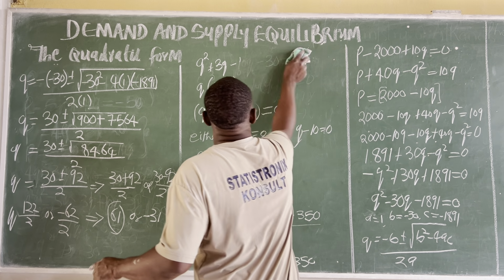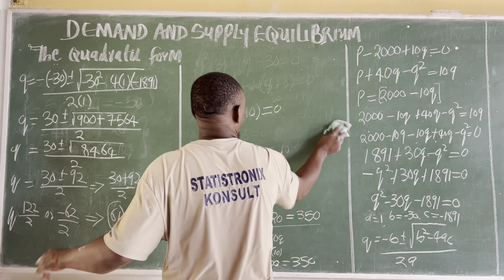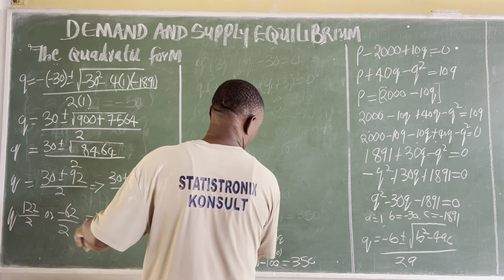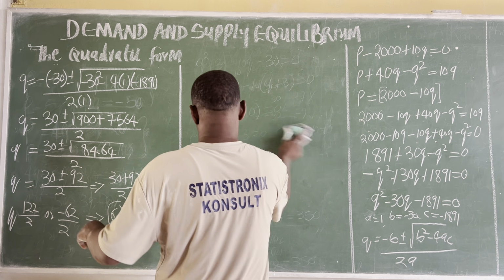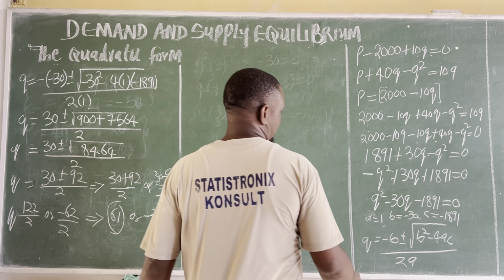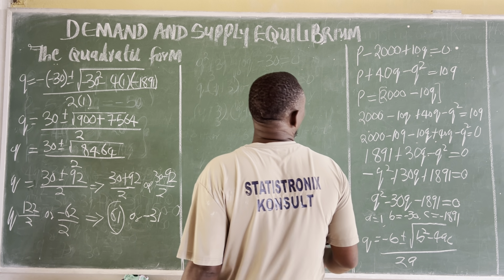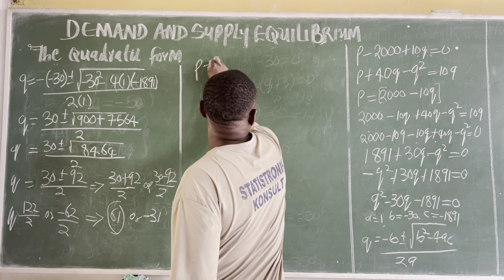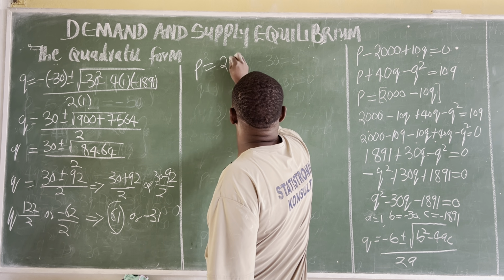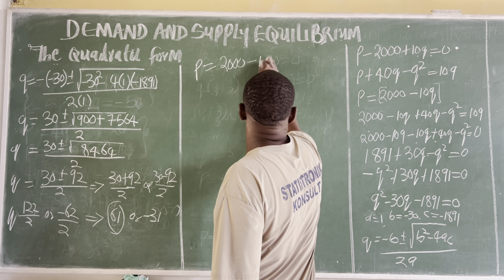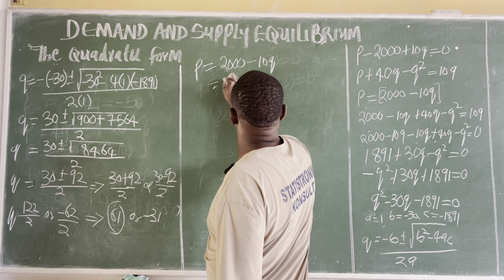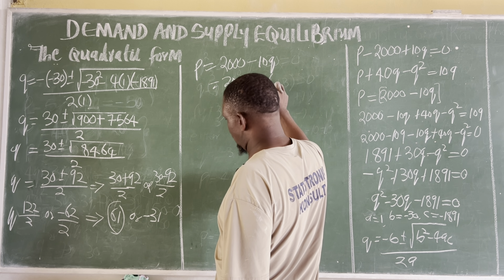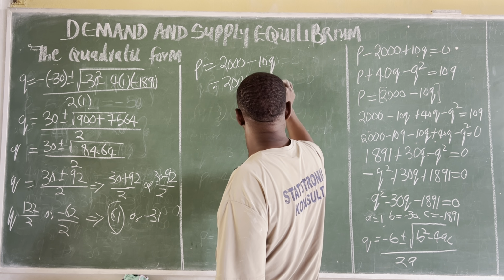The price will be, remember we said our P is equal to 2000 minus 10Q. So which will be 2000 minus 10 times our Q, which is 61.